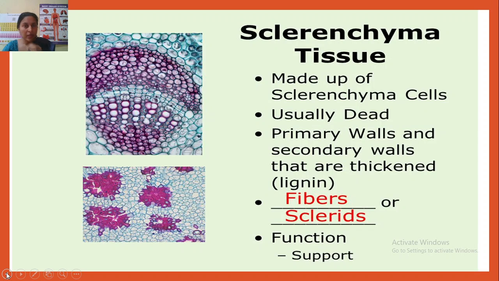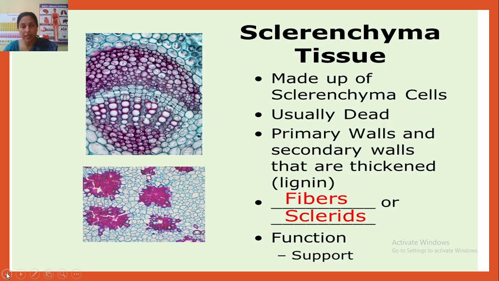There are two types of cells in this sclerenchyma tissue, basically the fibers and the sclereids. If we talk about the fibers, these are present in the xylem tissue and also in the phloem tissue. Apart from that, they are found in coconut, known as coconut fibers, and in agave fibers, and also in coconut wool as well.